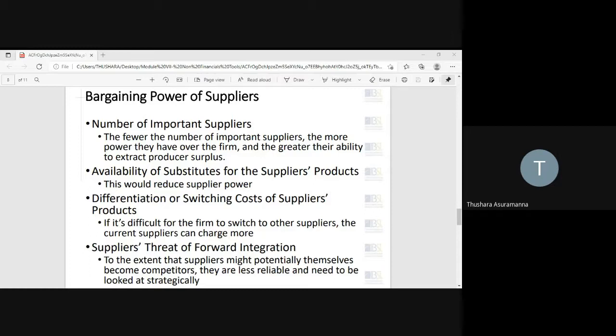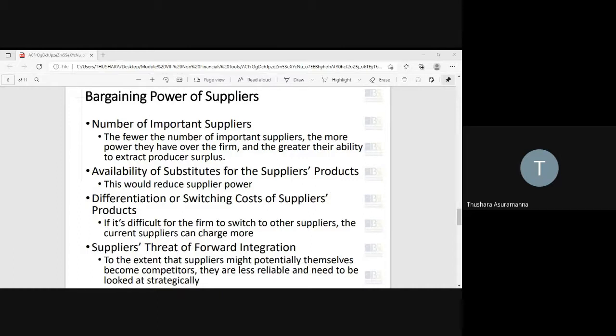Second one, availability of substitutes for the supplier's products. Let's say now you are trying to get some products as raw material for your company's manufacturing process.